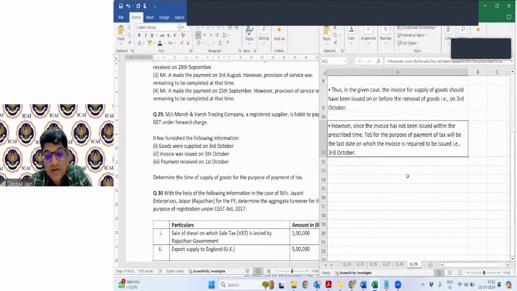Ram, in case of services, that condition will apply. In case of goods, issue of invoice. Correct.